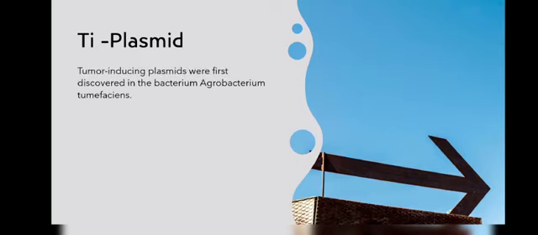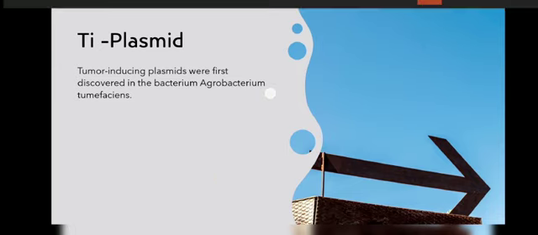So let's talk about this TI plasmid, that is the tumor-inducing plasmid. This TI plasmid was first discovered in the bacterium known as Agrobacterium tumefaciens.